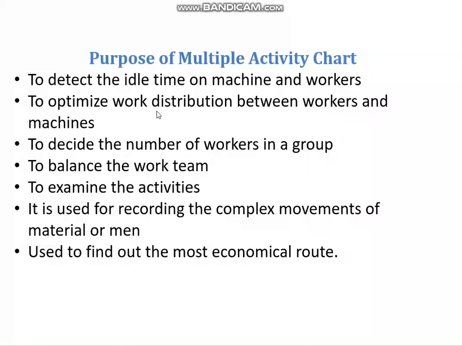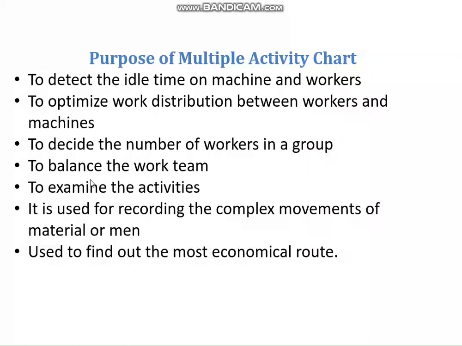Just now, as I said, a worker can be made to attend to two machines. That means we have optimized his activities. And to decide the number of workers in a group, if it is a group activity and many workers are working, with the help of the multiple activity chart you will be able to come to a conclusion on how many workers should be allotted this work.